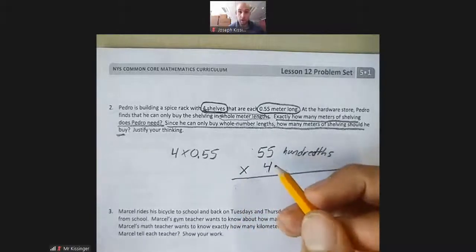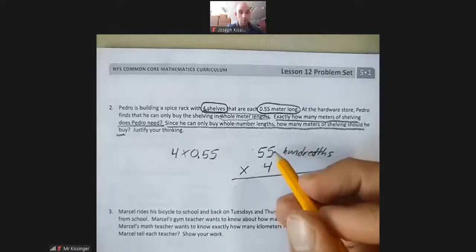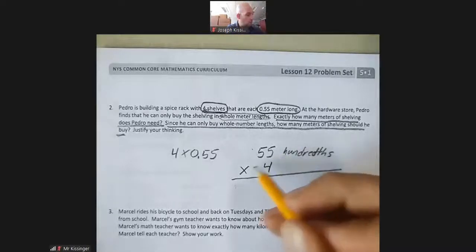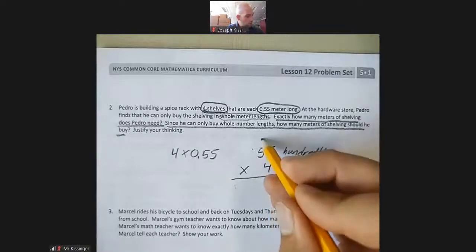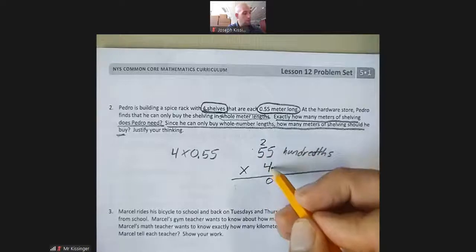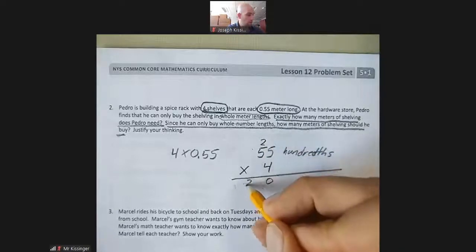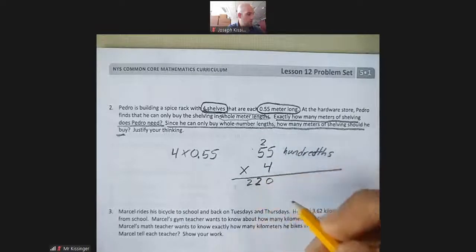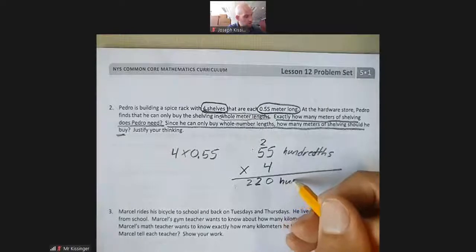And then we can multiply just like regular whole numbers without a decimal point. So 5 times 4 is 20. 5 times 4 is 20, plus 2 is 22. And we have 220 hundredths.